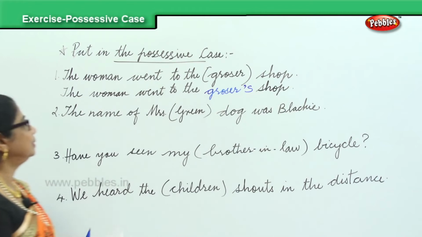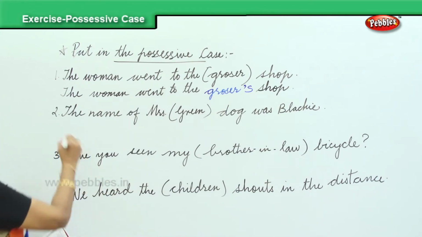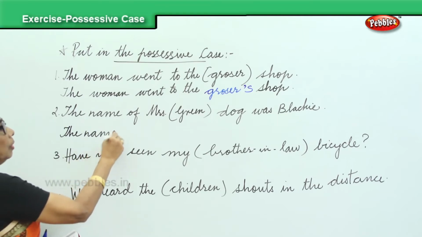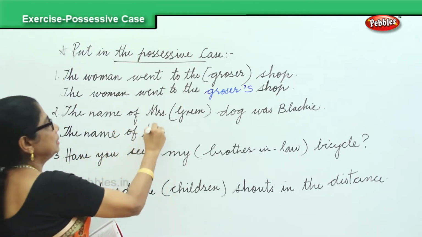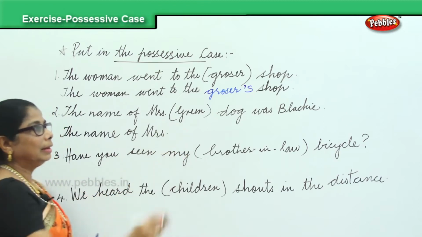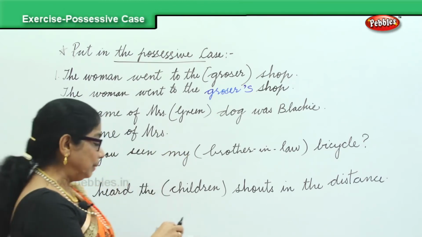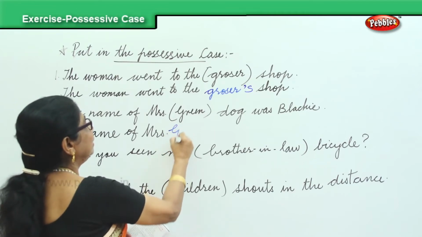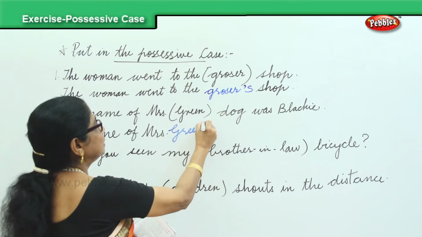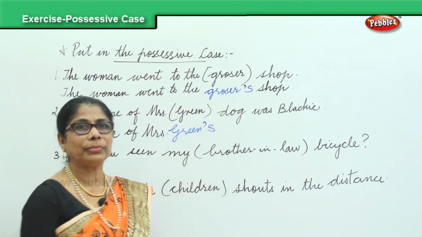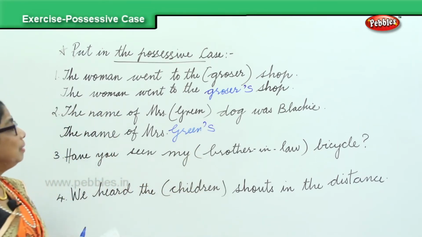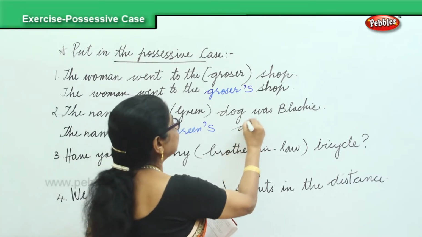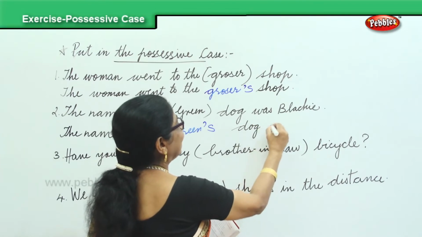Next one we have is, the name of Mrs. Green dog. So you will write Mrs. Green's dog. The name of Mrs. Green's dog was Blackie.